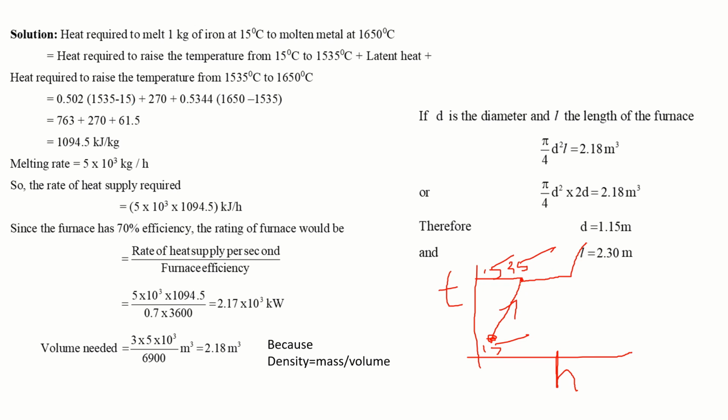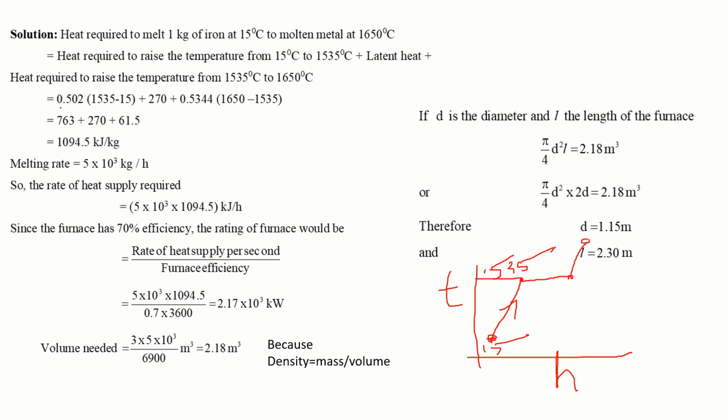Then latent heat means the temperature will be constant. The latent heat supplied is 270. Then again we further heat in a linear fashion, which is what you call superheat. Again m Cp delta T. So m is 1 kg, Cp is 0.5344, and you are heating from 1535 degrees Celsius to 1650 degrees Celsius.